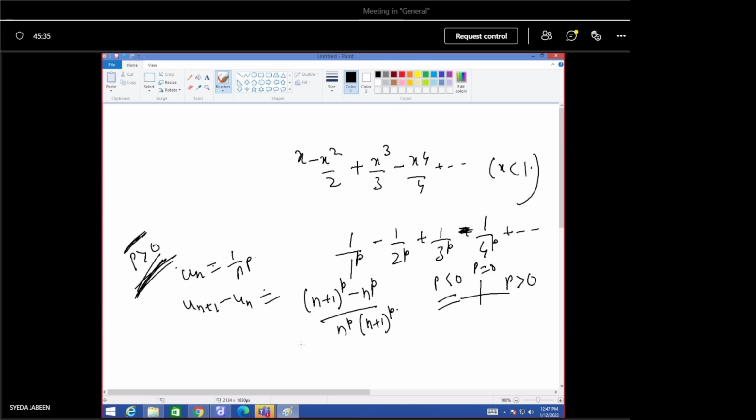When it is greater than 0, what is the value of this term? Is it positive or negative when p is positive? Less than 0, it is decreasing. Less than 0. Are you sure? Check carefully.